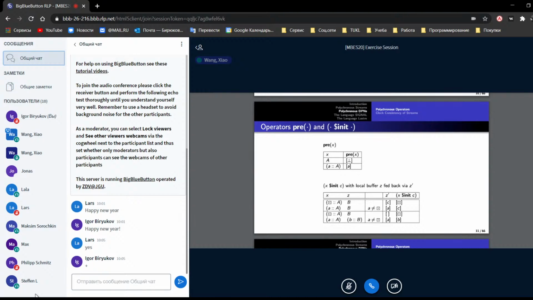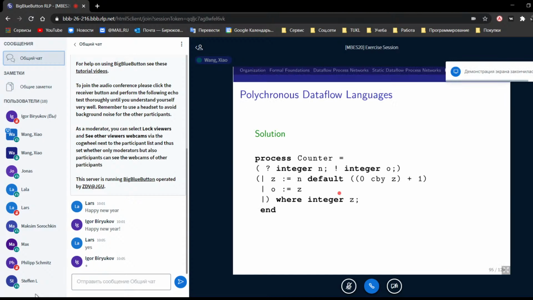Let's look back at the solution. Here we use default, and here we have a continued by. These two nodes should be continuous. If we only use these two nodes, they should be continuous. But there is a plus here that makes it problematic.